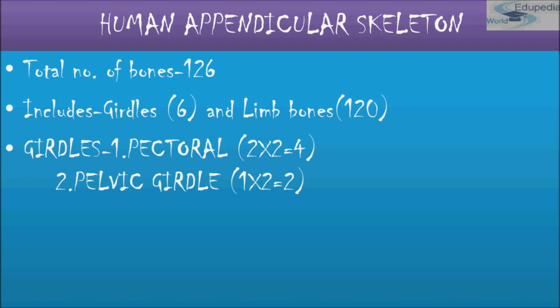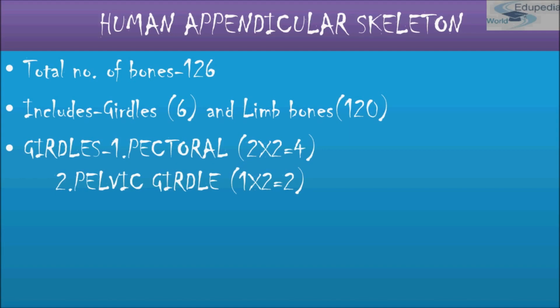I have told you that our human skeletal system is divided into two principal divisions, and they are axial and appendicular skeleton. Axial we have already studied. Now comes appendicular skeleton. So the bones of the limb along with their girdles constitute appendicular skeleton.